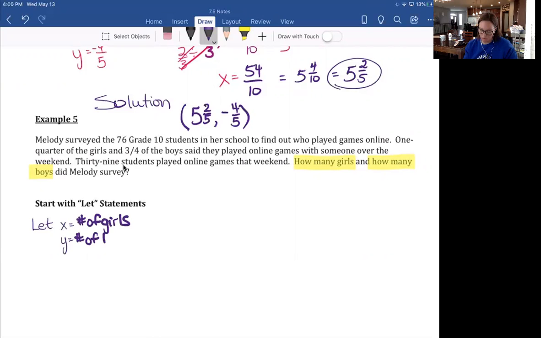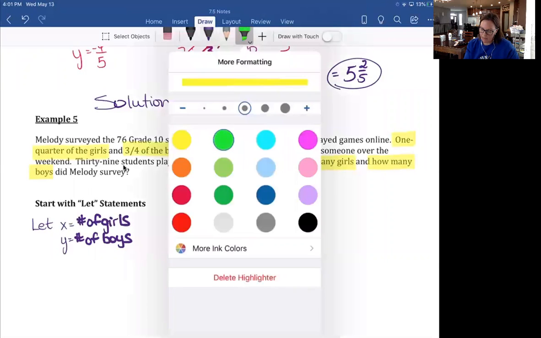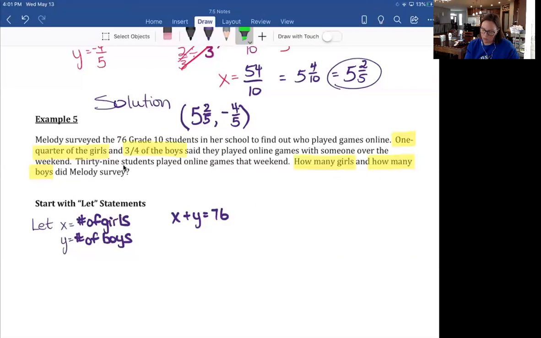Now we need to create our two equations. There were 76 grade 10 students in total, so the number of girls and the number of boys equaled 76. 1/4 of the girls and 3/4 of the boys said they played online games with someone over the weekend. 39 students played online games that weekend.